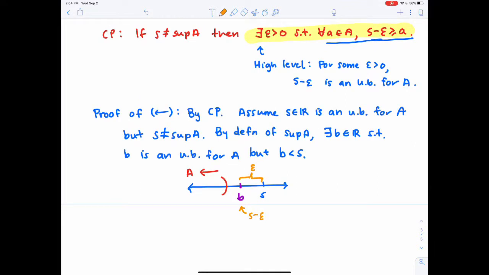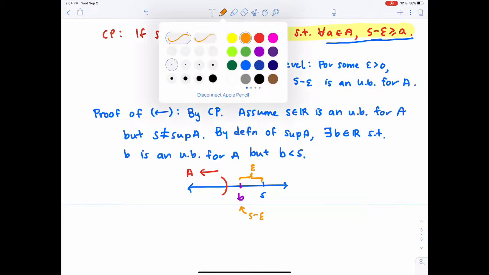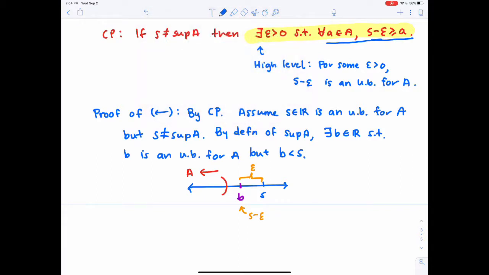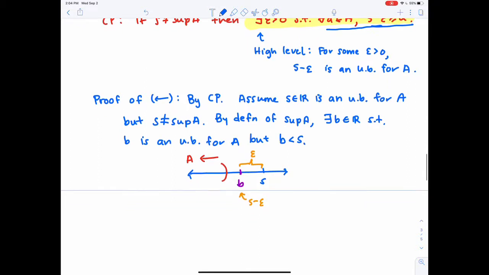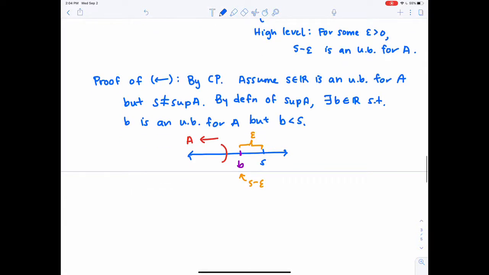We need to assert that there exists an epsilon such that S minus epsilon is an upper bound for A. Well, in this case, I need to introduce a value of epsilon and show for that value of epsilon that S minus epsilon is an upper bound. We just said B is going to be playing the role of S minus epsilon, so really what we're asking here is what's epsilon?